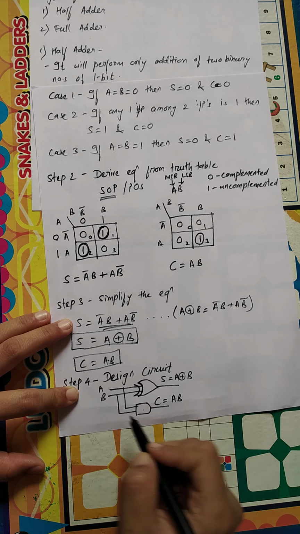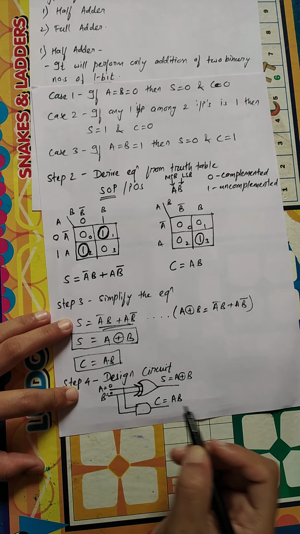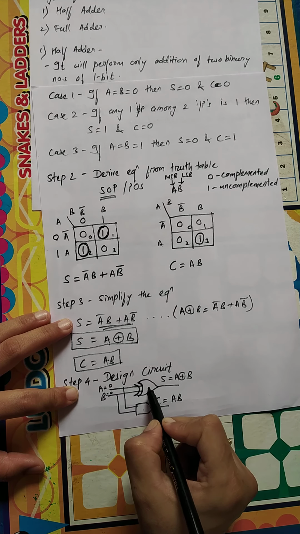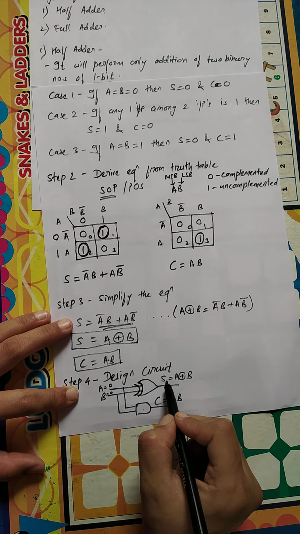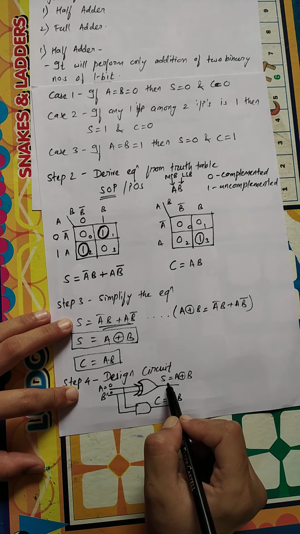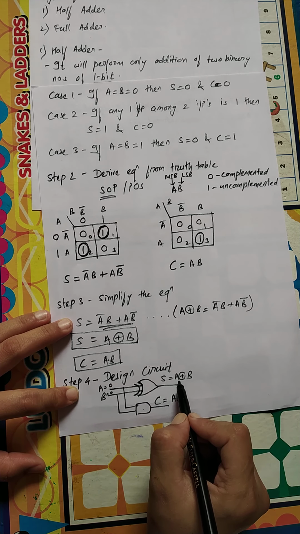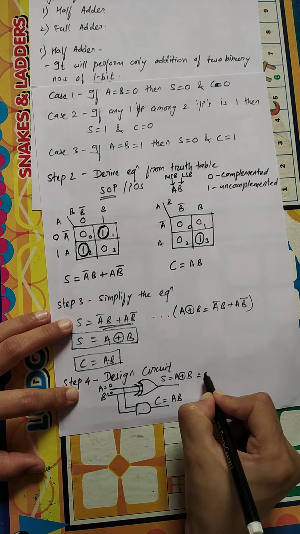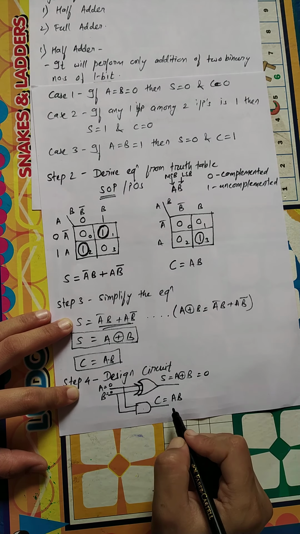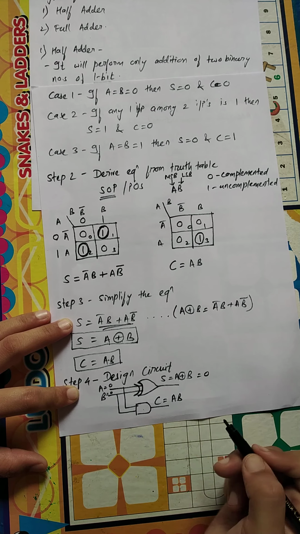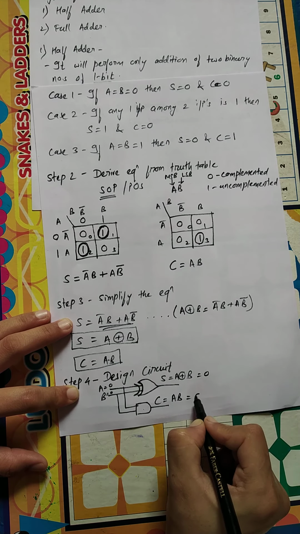From this you can see that if I provide A equal to 0 and B equal to 0 as the input, the XOR gate truth table is required for calculating the output for sum. In an XOR gate, if both the inputs are 0 0, then the output is 0, right. So here we will get 0 as output, and for carry, for the AND gate, if both the inputs are 0, then the output will be 0.